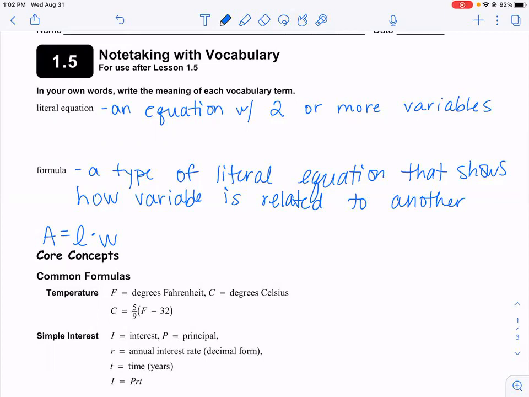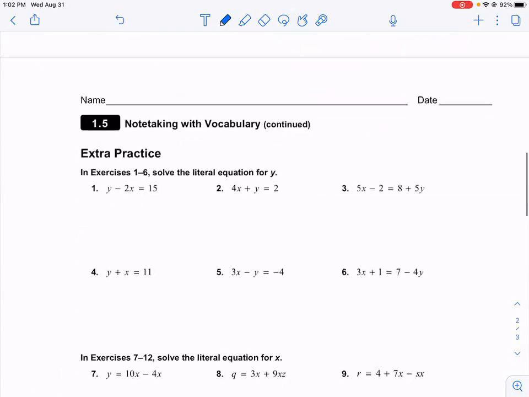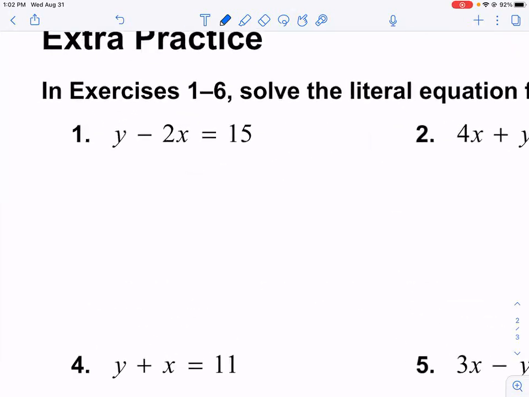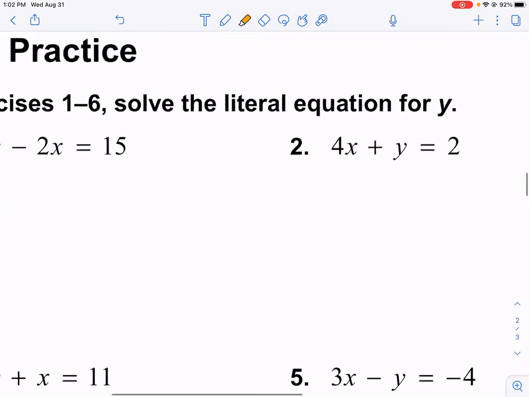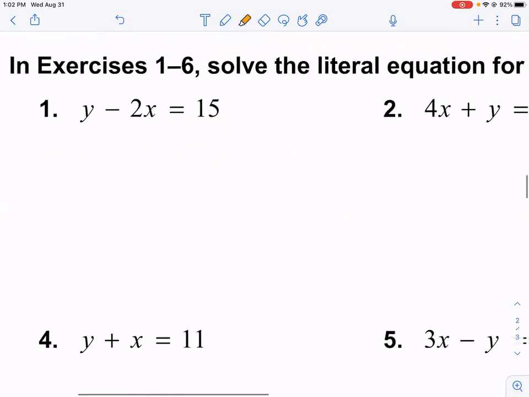Okay, so I want you to go ahead and look at the next page and look at number 1 right here. Okay, they want us to solve all of these equations for y. So do me a favor, grab your highlighter and highlight y. Okay, this is a skill that will be very important when we get to the next chapter, because we are going to have to graph linear equations and we're going to need to solve the equations for y.